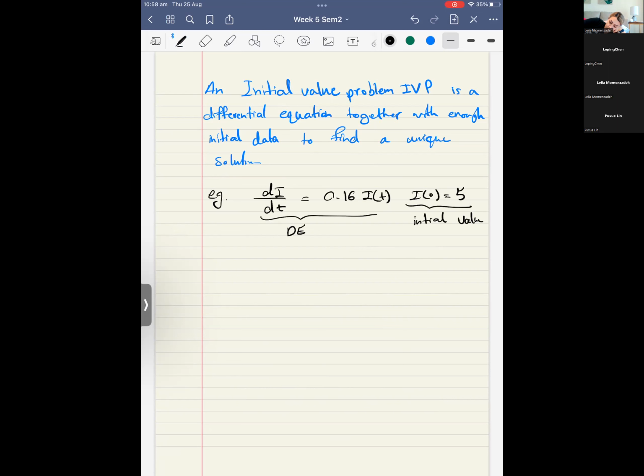Or another example, d2 f(t) over dt2 plus 4 f(t) equals 0, and you find the two solutions if you put f(0) equals 2 and f prime (0) equals minus 3. Again, these two now are initial values.